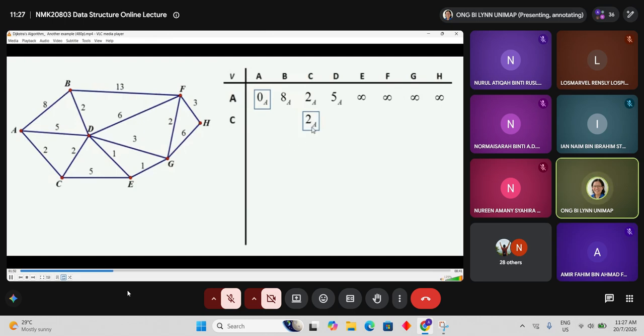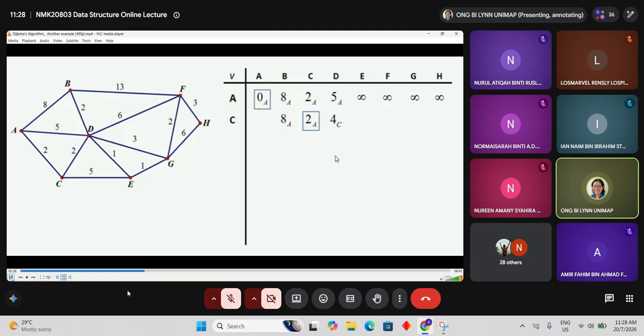And the next question is, can I get from C to B, D, E, F, G, or H with any shorter path than what I've got so far? Well, I can't go directly from C to B, so that 8 underneath the B column is unchanged. I can get to D, however, from C with an additional weight of 2. Well, 2 is the minimum to get to C, and if I add 2 more, that makes 4. 4 is better than 5, so I'll mark that down here, and I'll put a C as a subscript, indicating that C was the vertex I came most recently from.